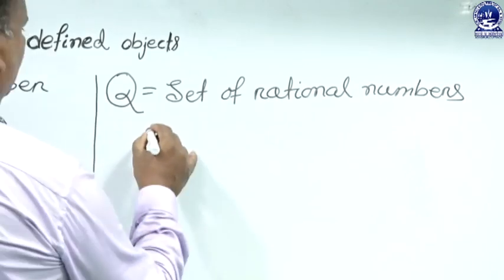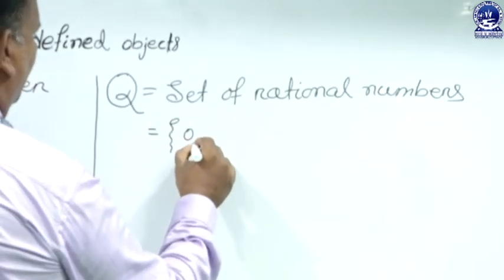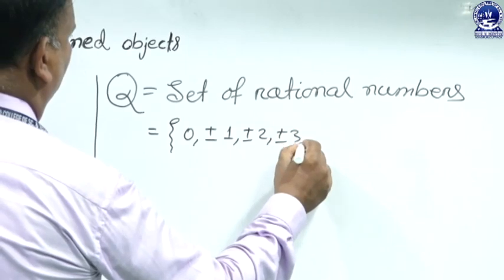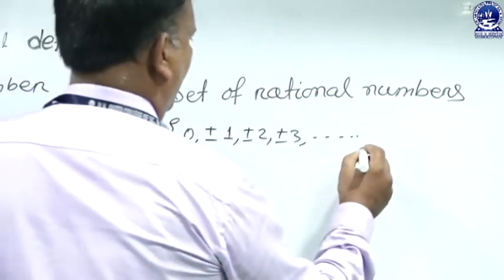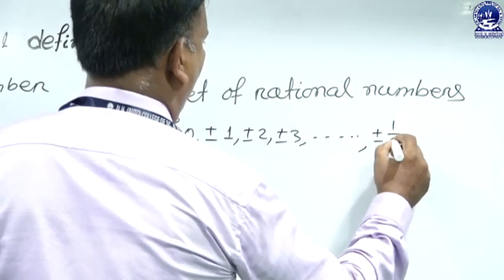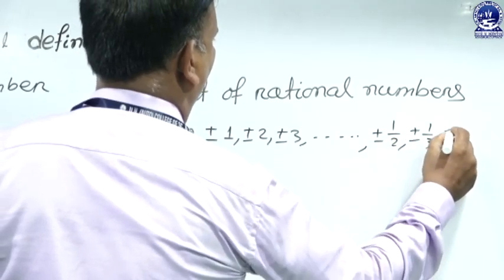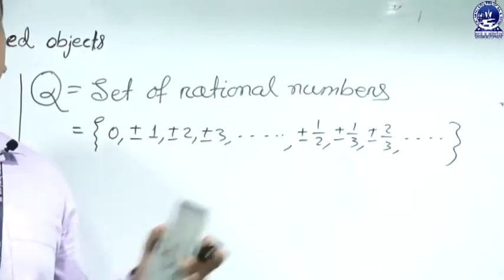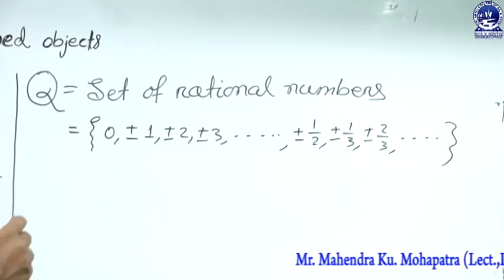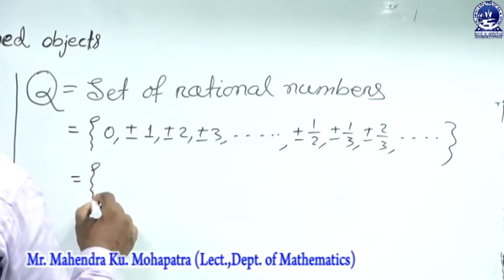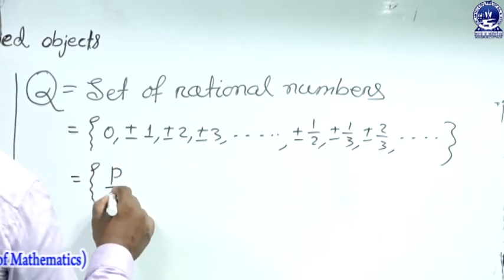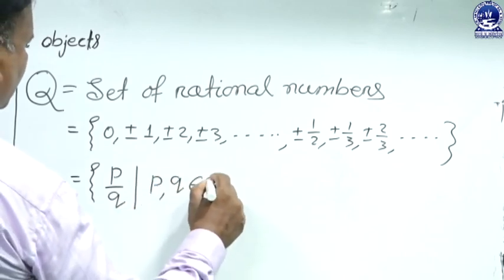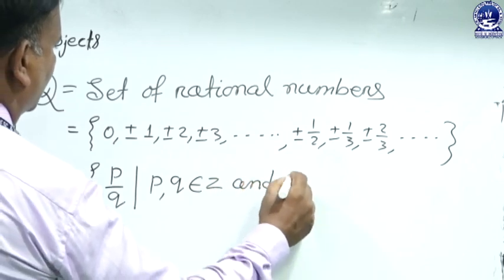For example, we can write all the integers, that means 0, plus 1, minus 1, plus 2, minus 2, and all the fractions, half, 1 by 3, also 2 by 3, like this. We cannot properly list the rational numbers. So a rational number is also written by another method, that is P by Q, where P and Q are both integers, but Q is non-zero.